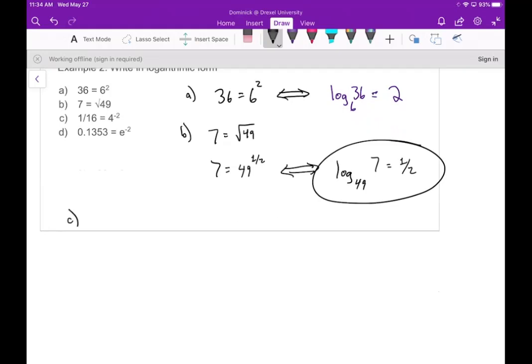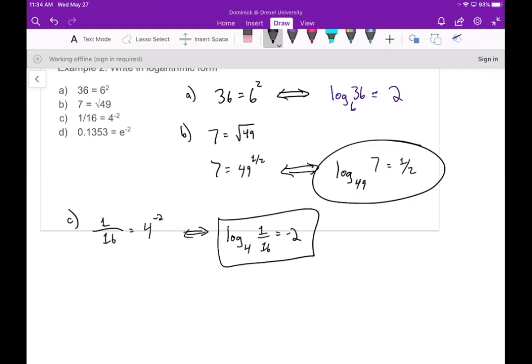Okay, part C, we have 1 over 16 is equal to 4 to the negative 2. So of course, this will be a log base 4 of 1 over 16 is equal to negative 2. And then part D, we have 0.1353 is equal to e to the negative 2.